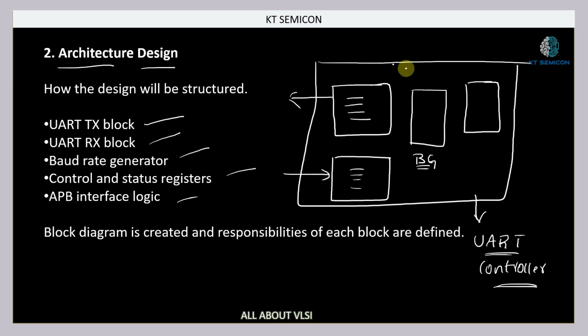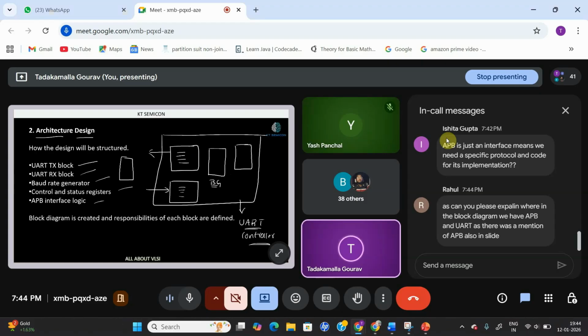Because this UART controller needs to communicate using the APB interface, I'm going to design that particular logic. So in the architectural design, I'm deciding what blocks should be present inside this controller. This is nothing but my architectural design. Is it clear?